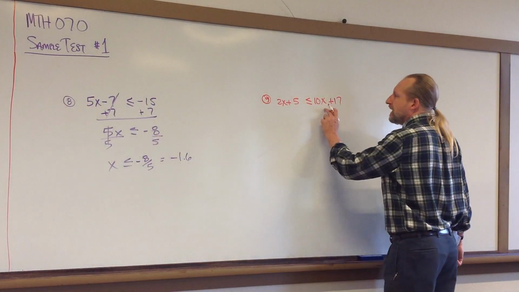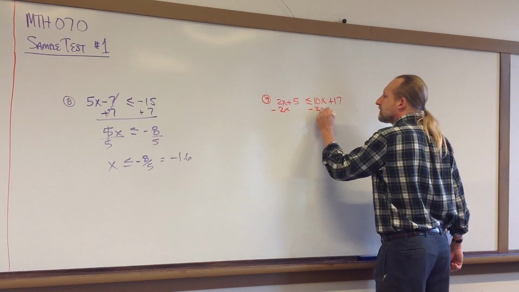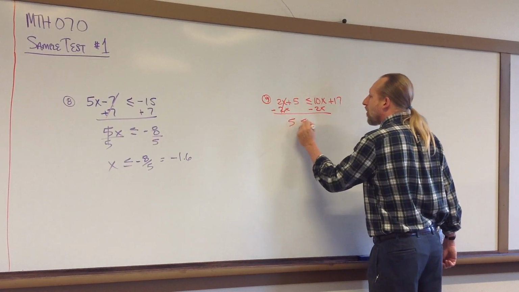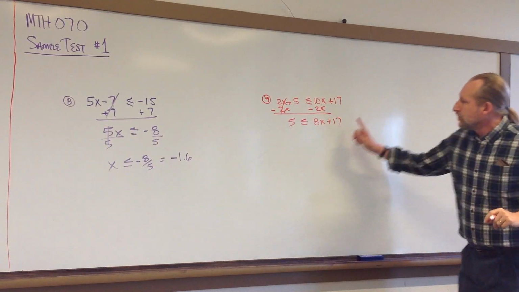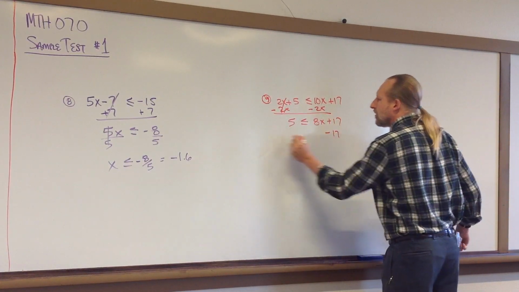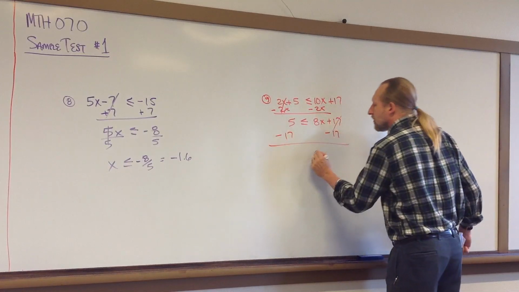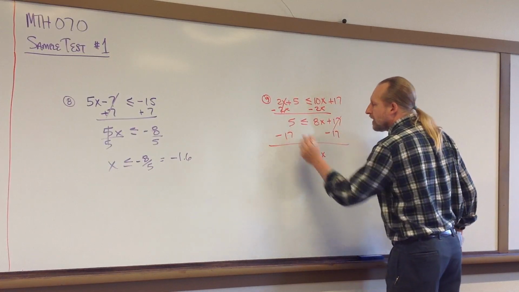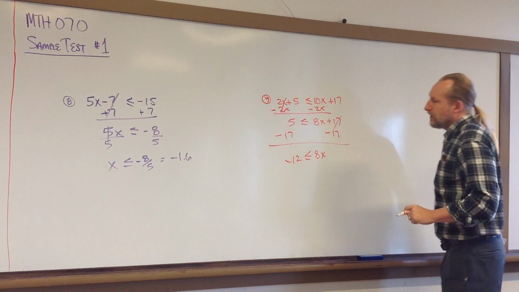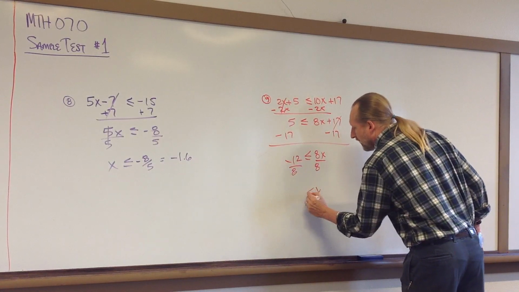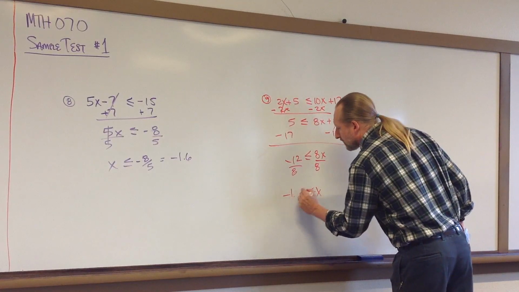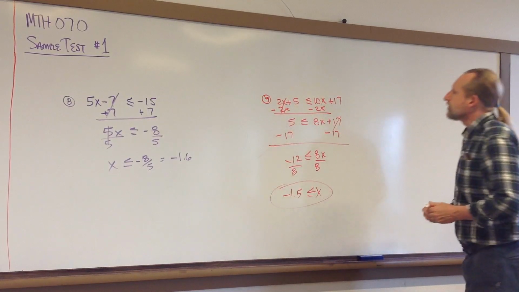So let's see, I'll subtract the 2x on both sides. I'll move the 17 over here. So 8x on this side, what is that, -12, and then divide on both sides by 8. X is greater than or equal to -1.5.